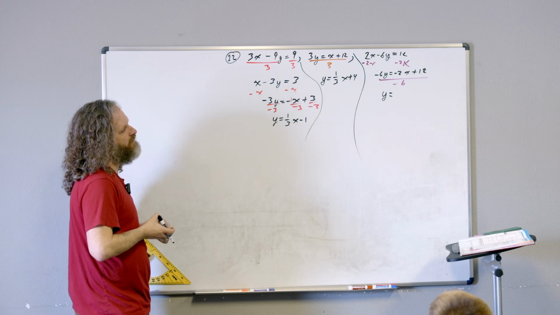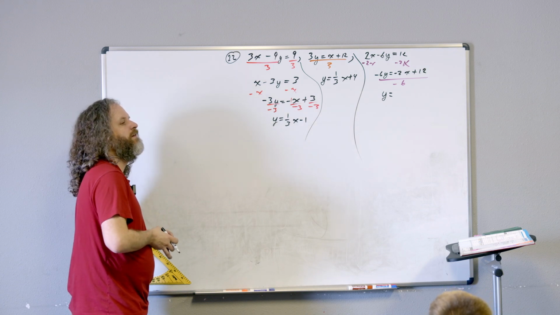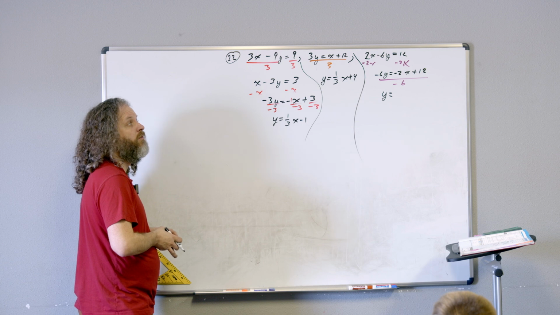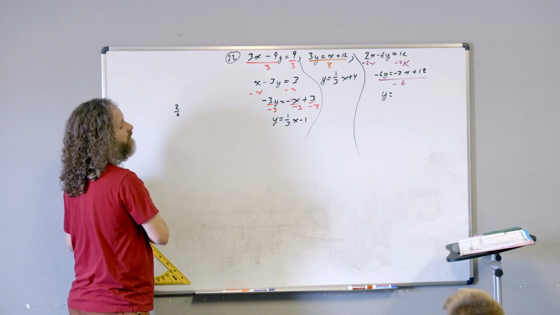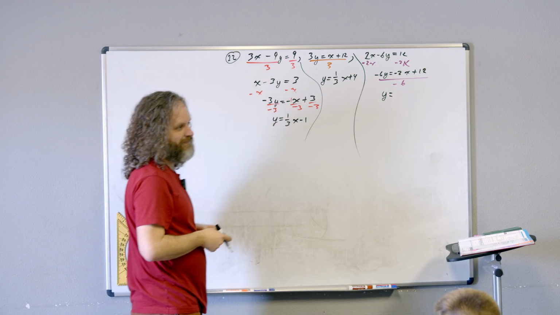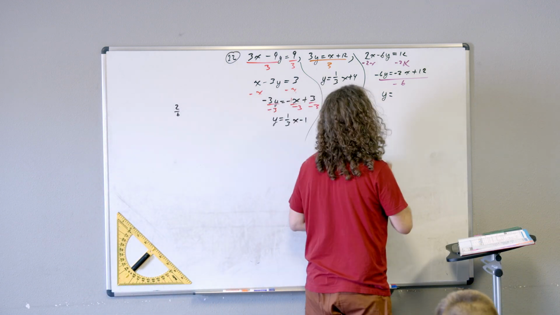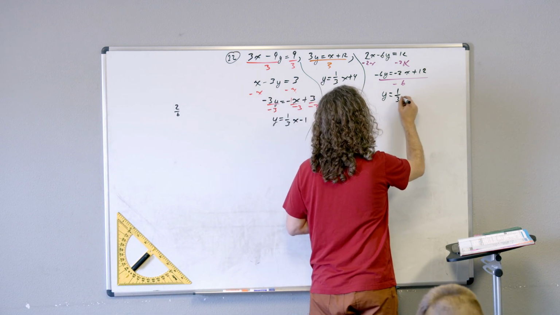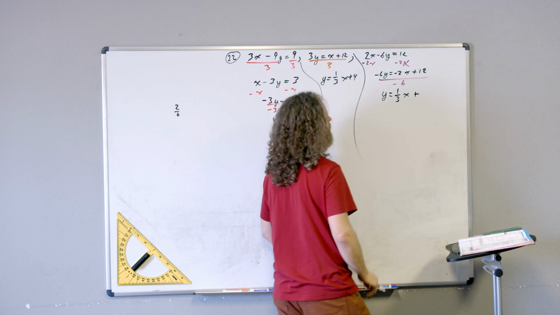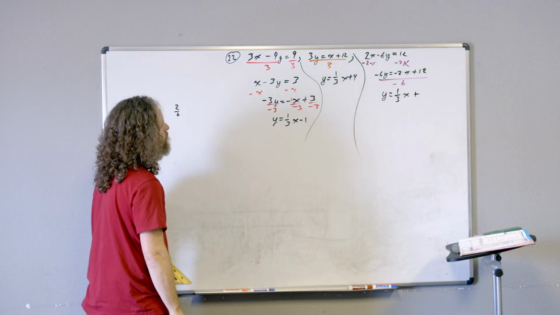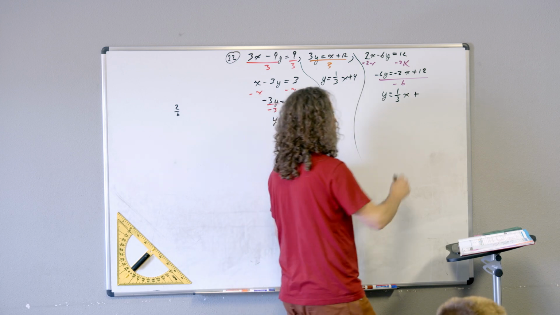Positive 2/6, which reduces to 1/3. Don't flip them by accident. It's a common mistake at this point. What's 12 divided by negative 6? -2.